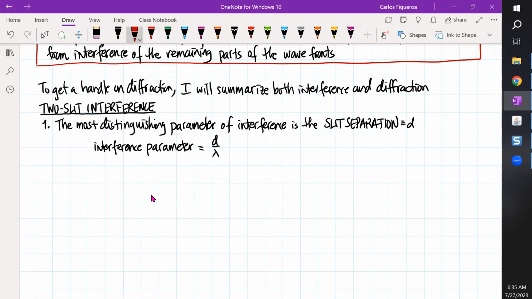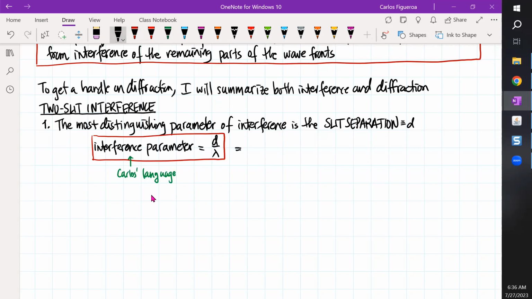So when I'm looking at this, in Carlos's language, this is the most distinguishing feature. So once again, this is Carlos's language. If you Google it, nobody's going to say this.